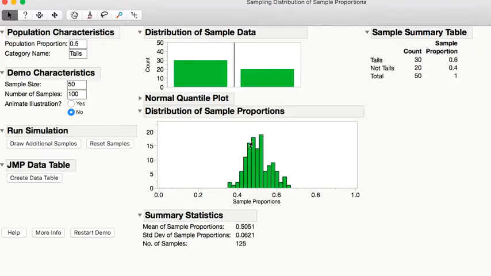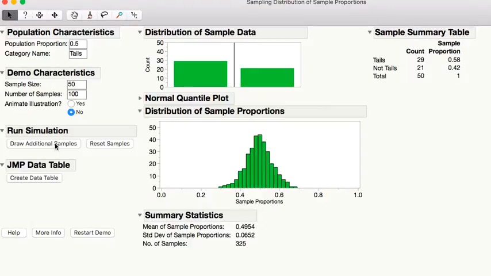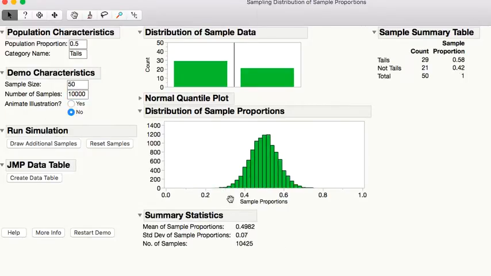The shape is getting more unimodal and symmetric. I could do another 100, and another 100, and another 100. I can even make this be 10,000 and do a whole bunch of them at one time. And notice this shape is becoming more and more like the normal model. The mean is fairly close to 50%, and the standard deviation is at 0.07.